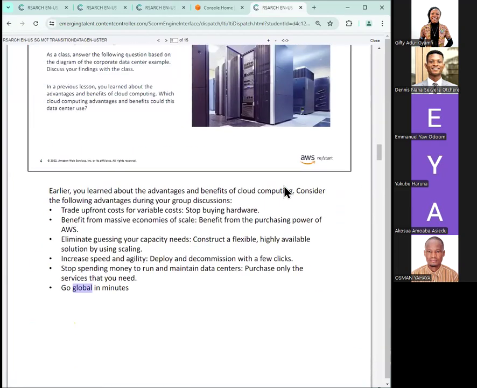Yeah, so I wanted to share a typical use case from Ghana, because I'm in Ghana. I'll speak on stopping spending money to run and maintain data centers. In Ghana, maintenance people can steal your hardware, and with every job the prices will be inflated. Now on the cloud, if you provision your services, nobody can go and remove your EBS block store.